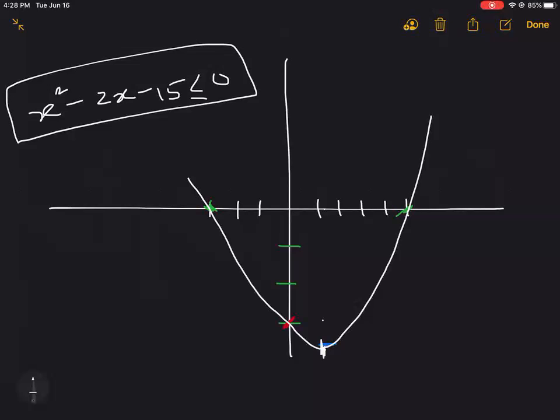Daniel said -3 to 5. Why do you think it's -3 to 5? Can you explain that using the graph? Yeah, Daniel, go for it. Yeah, okay, that is the range between -3 and 5, whereby all the values of the equation are below or equal to 0.